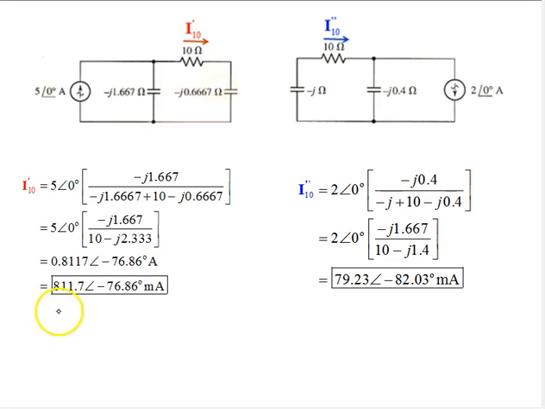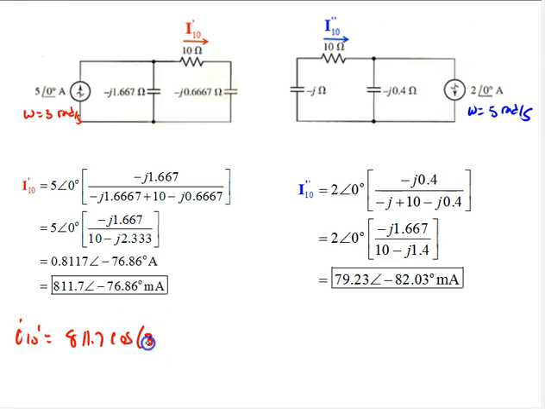So that gives us then our I10. We'll do that in red to be consistent. Our I10 prime is equal to 811.7 cosine of, since this was originally, our omega is equal to 3, we drop that radians per second, and over here we have our omega is equal to 5 radians per second. Whenever we're working in frequency domain, we have to make a note of the frequency.